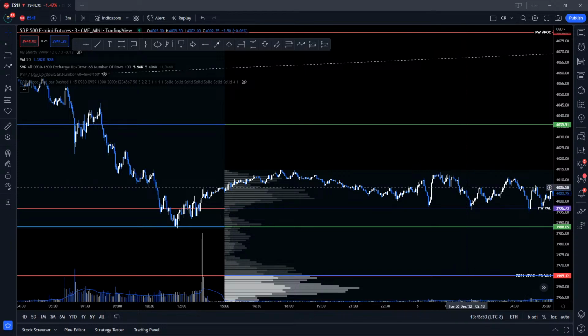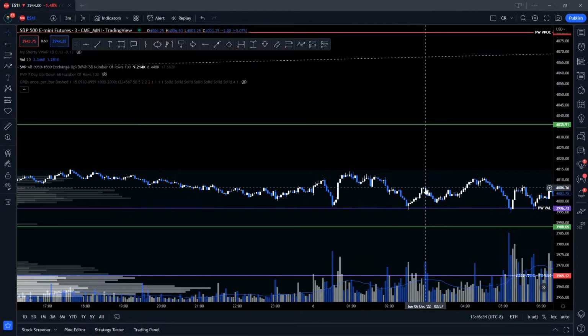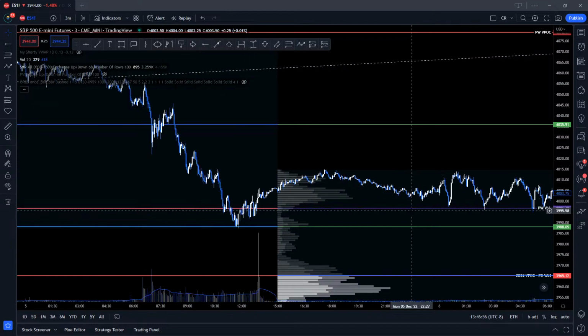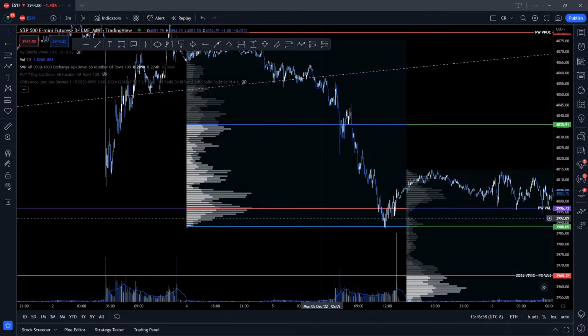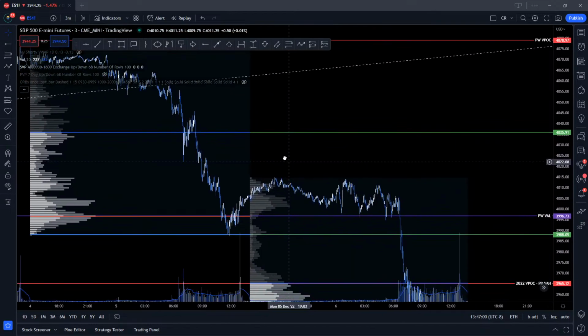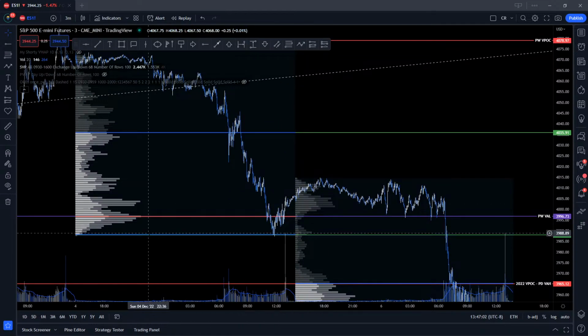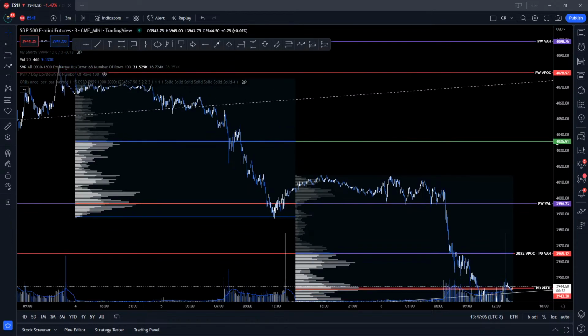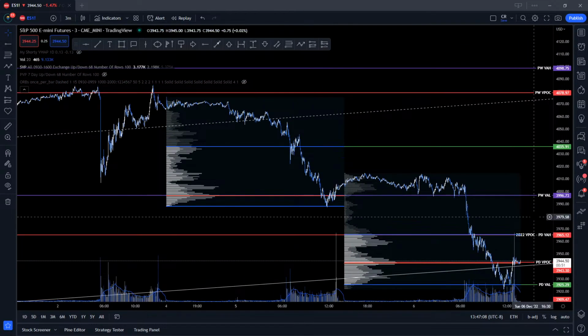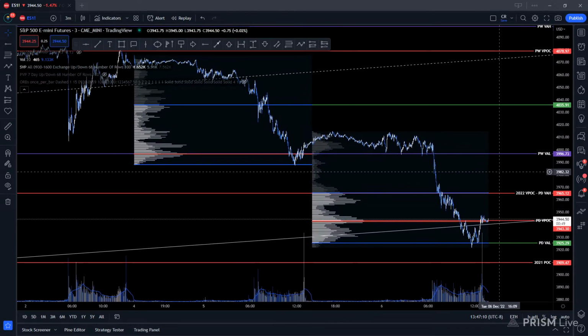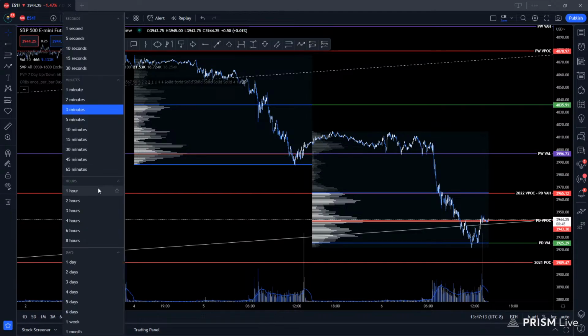Yeah, it did. If you're playing SPY contracts or even better SPX, this is money. So that's how we trade it. Got to delete this line. So hopefully that's really clear to everybody.